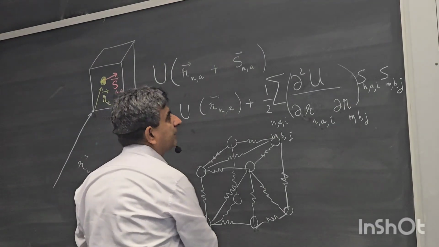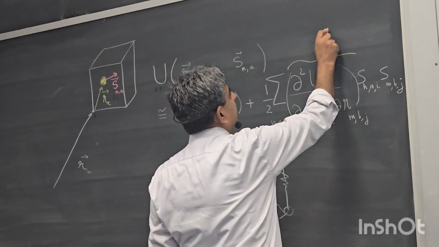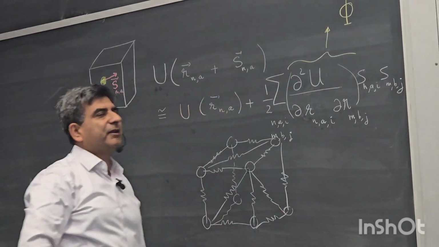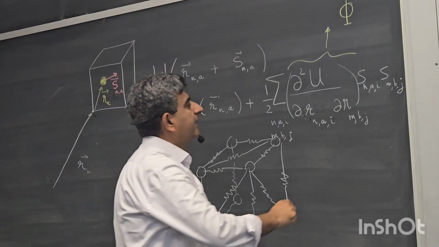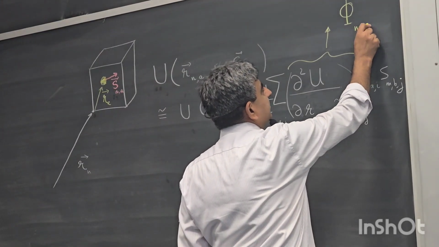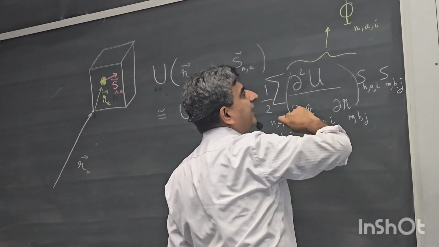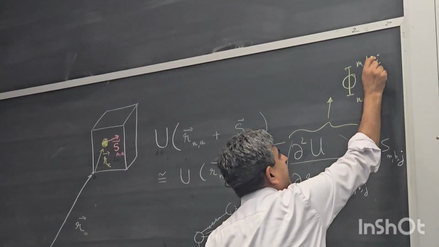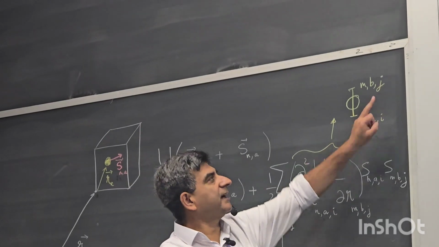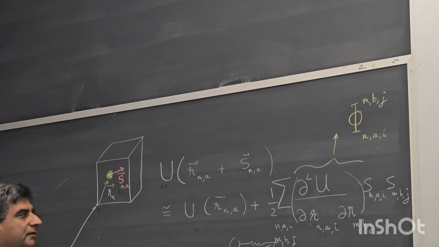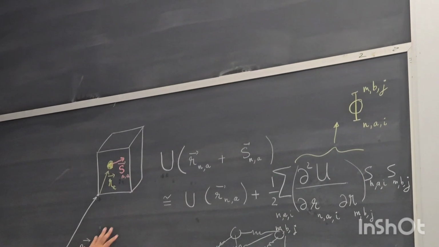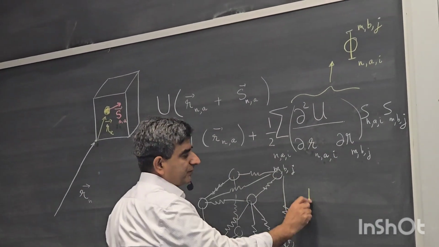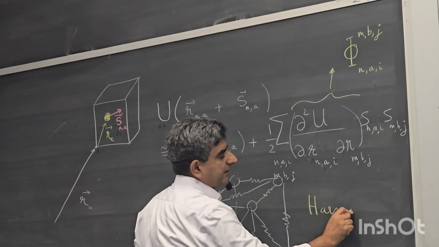So I can also call this term some Φ, which is like a spring constant, and it's the interaction between nαi and mβj, and it's directional because of the presence of these i and j terms. So now this is our energy in the harmonic approximation for atoms that are connected to one another.